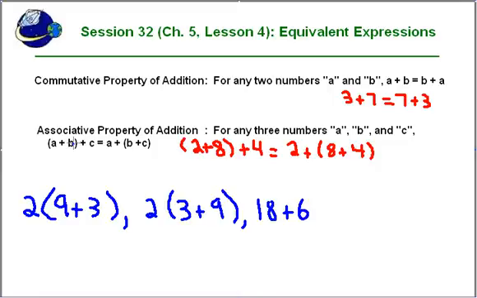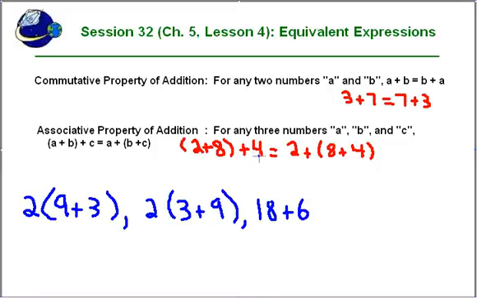What they're telling you is it doesn't matter which way you group these, whether you do parentheses a plus b first or parentheses b plus c first and then add it to the other number, you're going to get the same answer every time. Here's an illustration. A represents 2, b represents 8, and c represents 4.